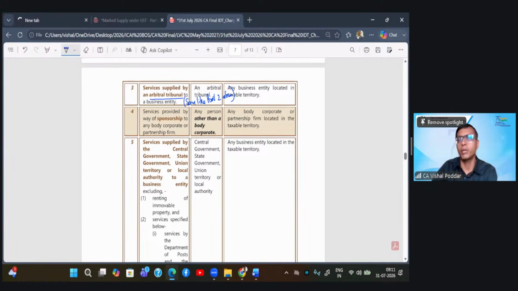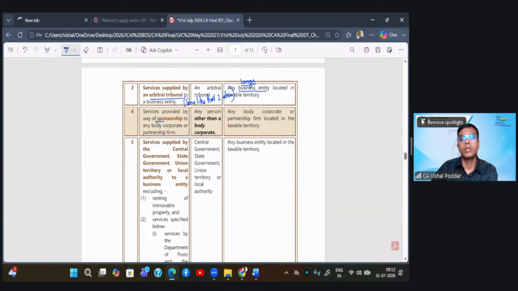Same conditions are applicable over here, that where the arbitral tribunal is giving services to individuals or non-business entities, it is exempt. Similarly, where it is giving services to small business entities also, that is exempt. So in short, whenever an arbitral tribunal is giving services to large business entities, only that is taxable, and that is taxable under RCM. So this part is similar to your above advocates services, correct?